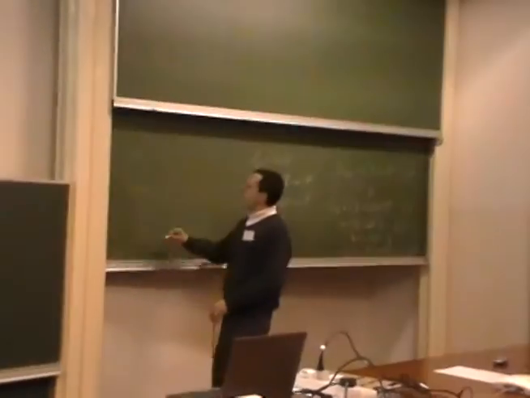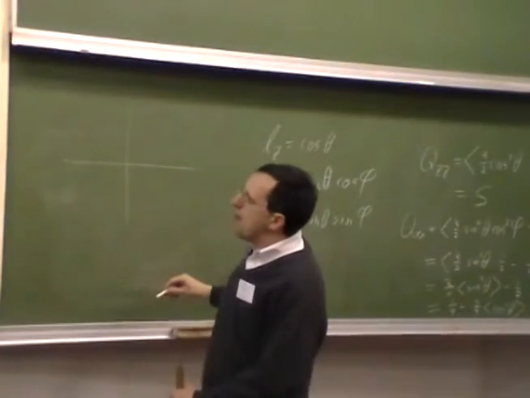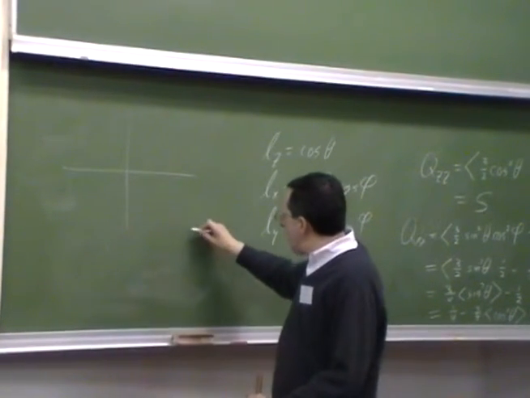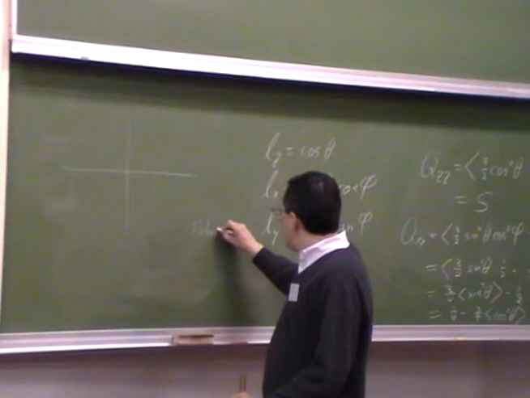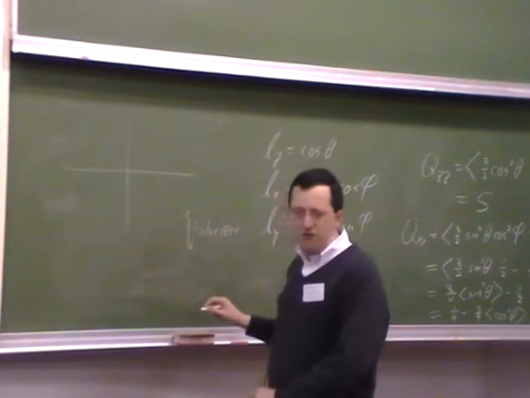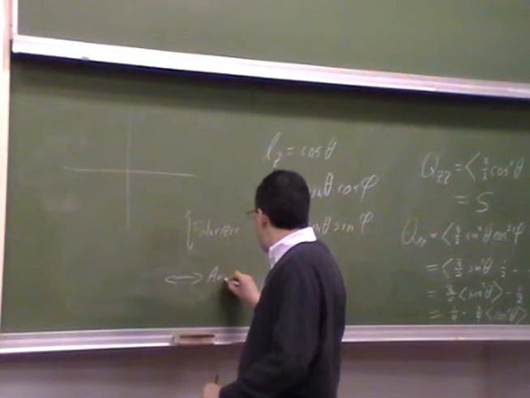So if you wanted to see what happens, suppose I have a polarizer in the back, which is in this direction, and an analyzer which is in this direction.